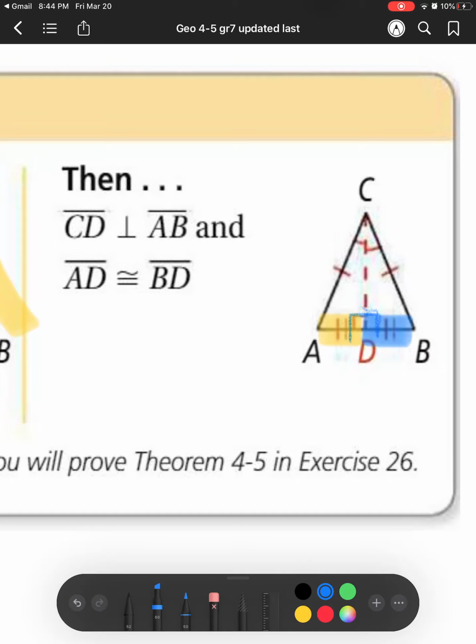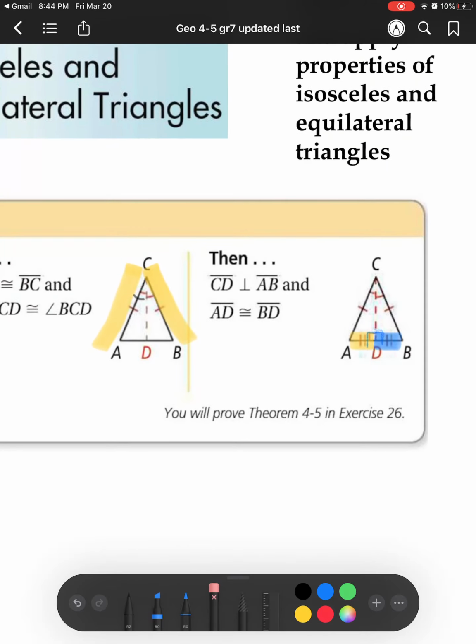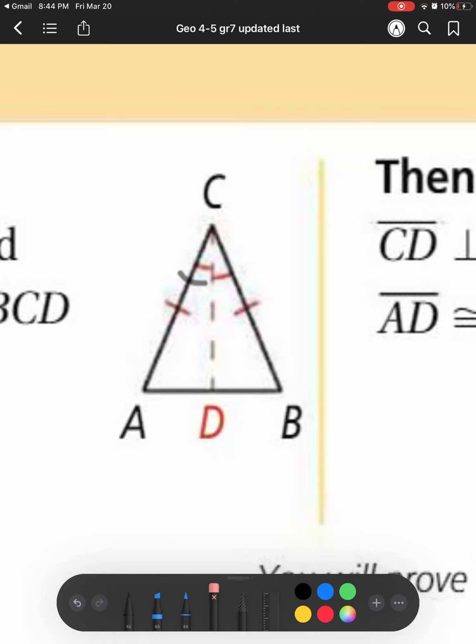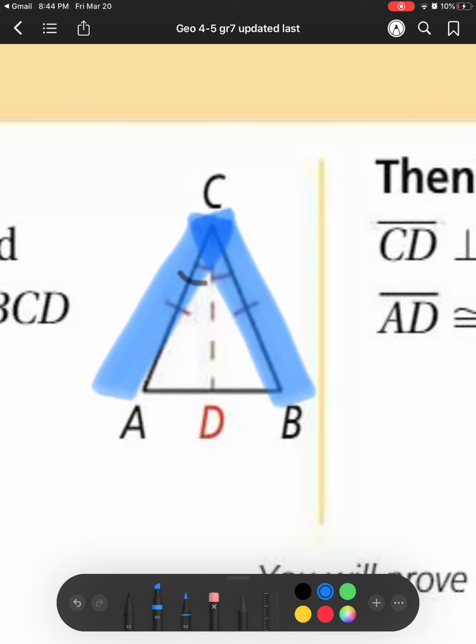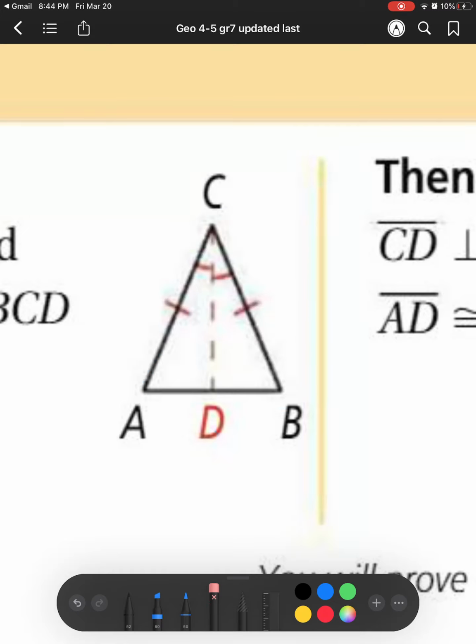Okay? So I repeat this theorem for you. If I have an isosceles triangle with two legs, this equal this, and the vertex angle is cut into equal parts, this part is equal to this part. So you check your vertex angle: is it cut into two equal parts?